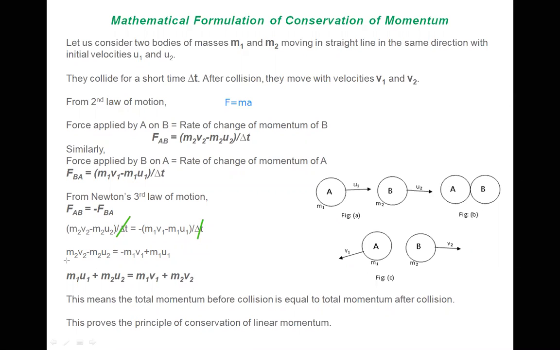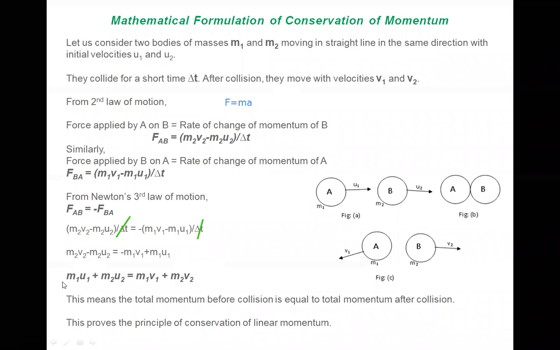So what will be there? m2v2 minus m2u2 is equal to minus of m1v1 plus m1u1. Here this minus will come here, it will become plus. Arranging the terms, m1u1 plus m2u2 is the momentum before collision. u1, u2 are nothing but the velocities before collision.